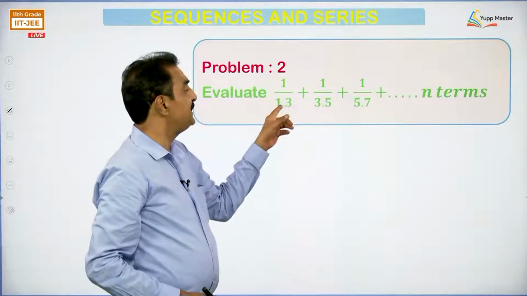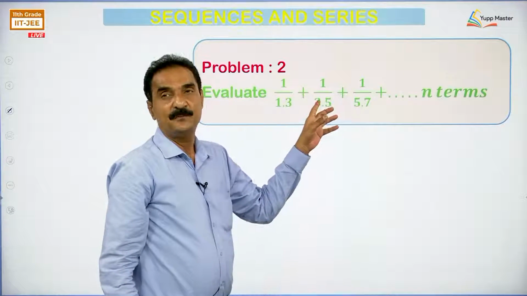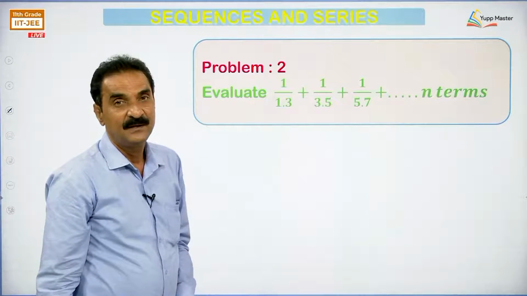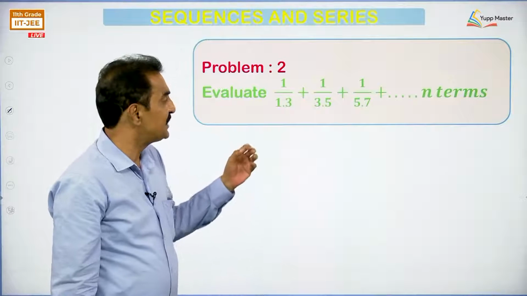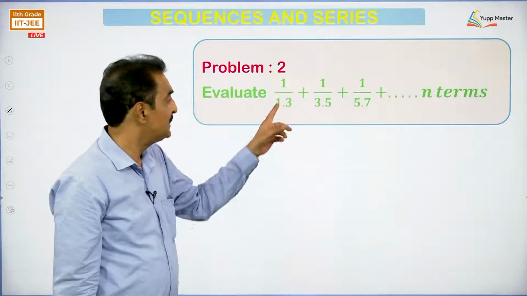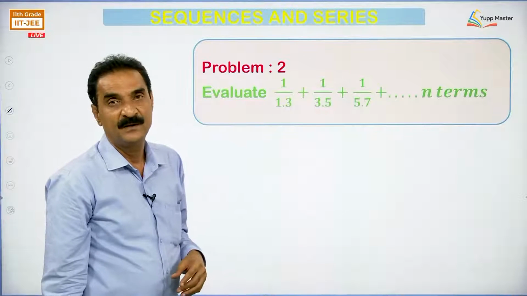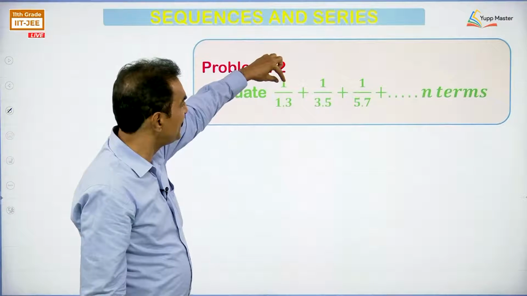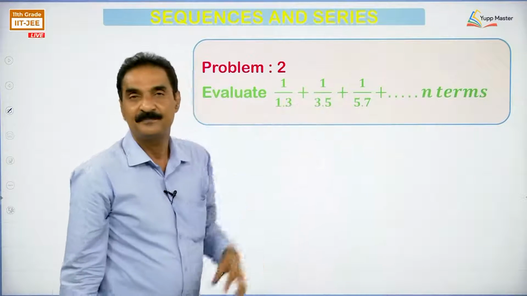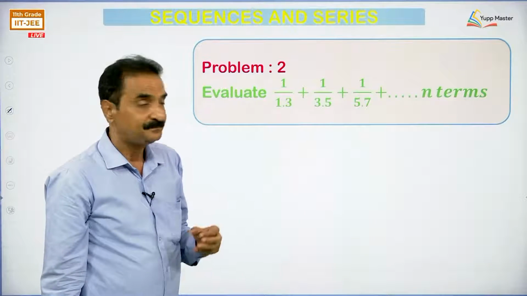Evaluate 1 by 1 into 3 plus 1 by 3 into 5 plus 1 by 5 into 7 and so on till n terms. In the previous question, the difference between the factors of the denominator is 1, but here it is 2. Okay. If we have 2 in the numerator, we can write 2 as the difference of these two everywhere. Is it not?